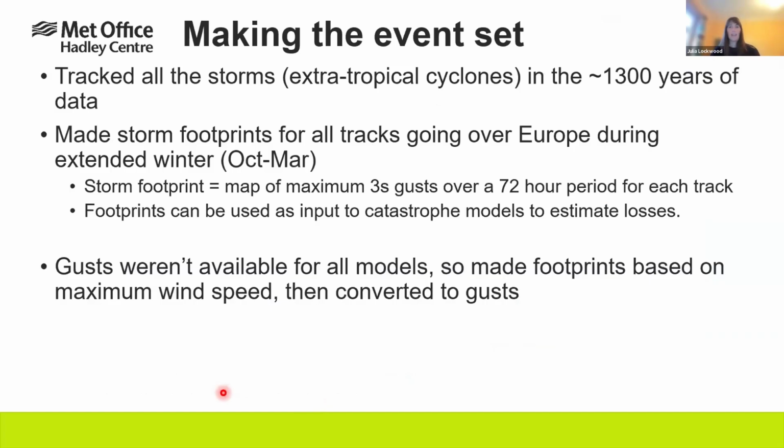So to make our event set, we're looking at European windstorms for winter. So we tracked all the extratropical cyclones in all that 1,300 years of data. And then we made a storm footprint: we identified all the tracks which entered Europe during the extended winter period, so that's October to March.